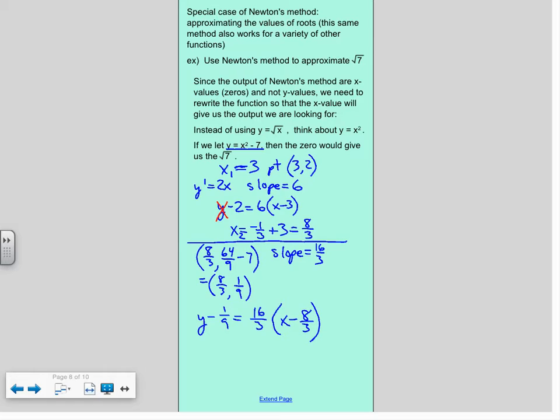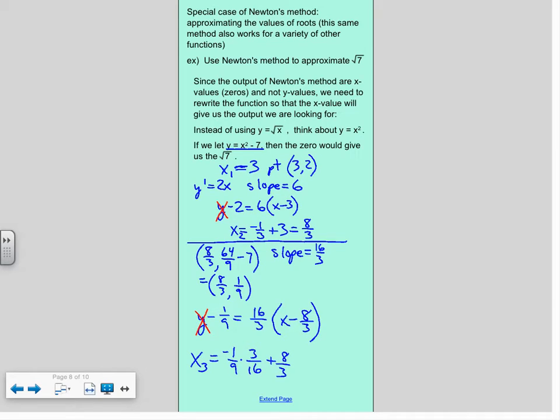And remember to get rid of the y because y is going to 0. So our x3 would be negative 1/9. I'm going to rewrite it like this: negative 1/9 times 3/16 plus 8/3.